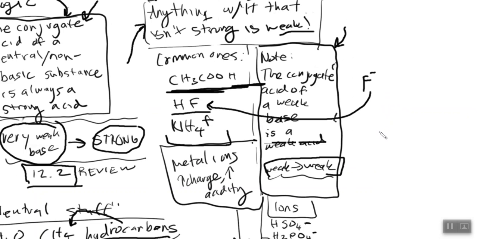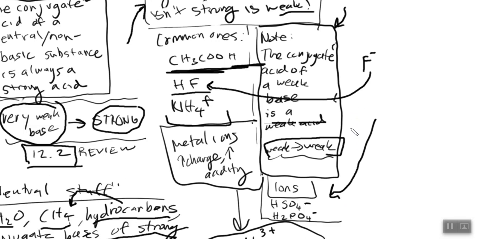Now, we have some ions that we have to memorize that are going to be acidic. So these are actually conjugate bases of certain acids, but they're going to be acidic because of the H's that they contain, since they can still give off H's. So they are still technically a bit acidic.